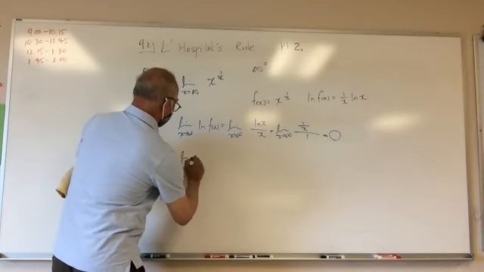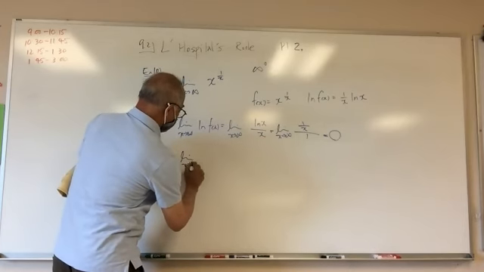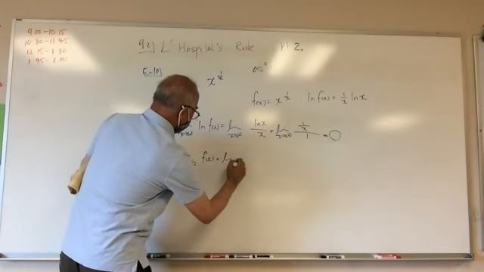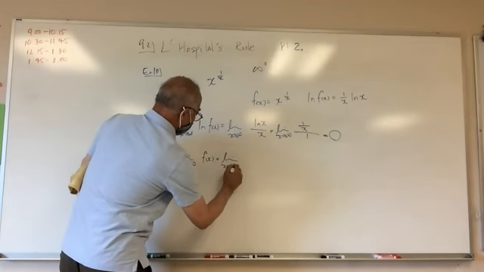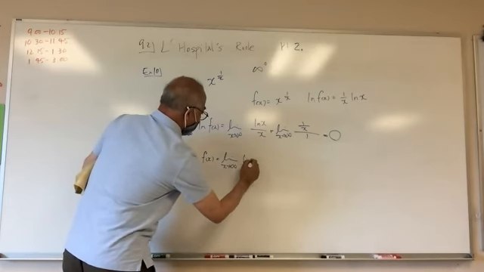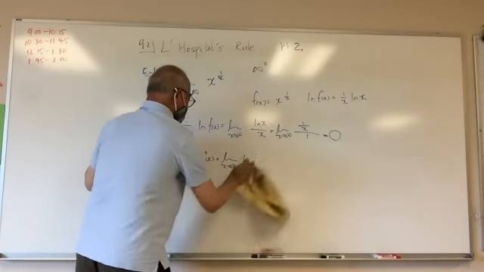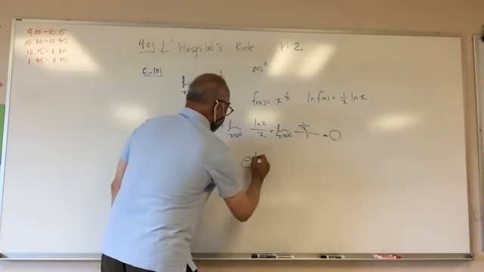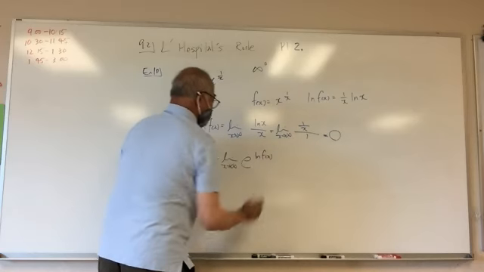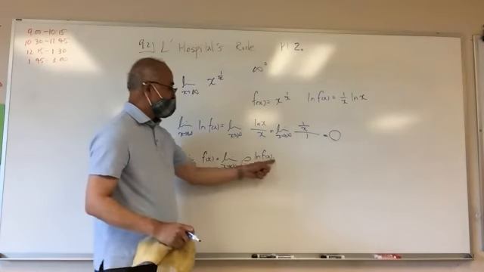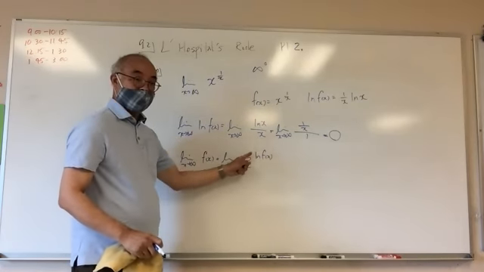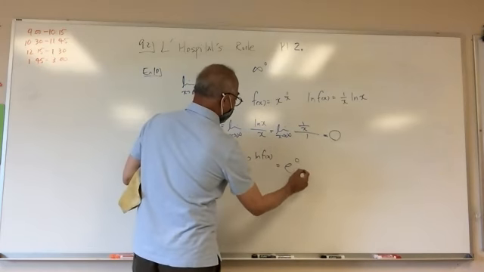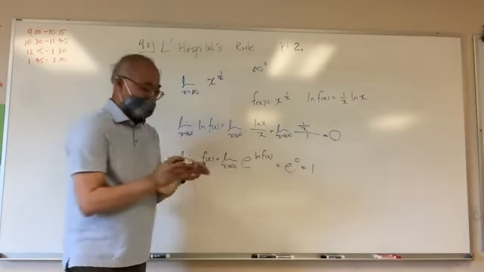So the limit as x approaches infinity of f of x is the same as e to the natural log of f of x. But I just found this guy goes to 0. So this is going to go to e to the 0, which is 1.